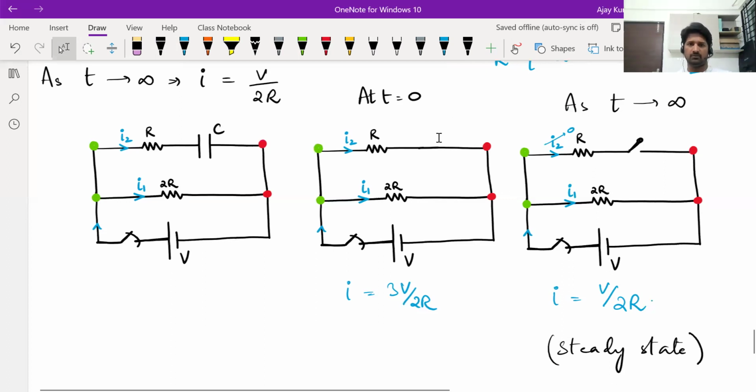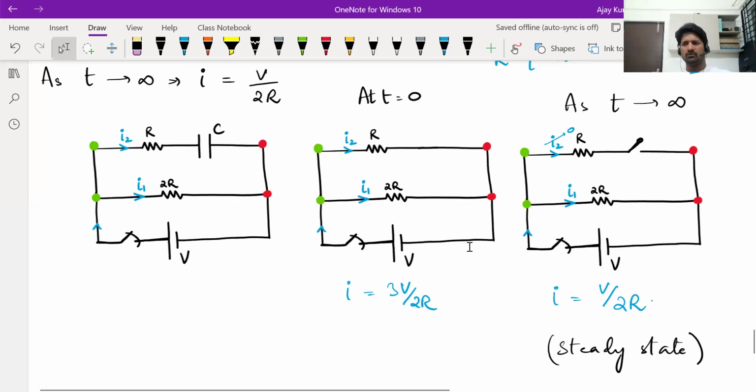That is what they are referring to. Sometimes they may also say a long time after the switch is closed, what is the current, what is the voltage, what is the charge on the capacitor? Long time means t tends to infinity. And as t tends to infinity, current stabilizes. You can call that steady state also. So long time and steady state refer to the same situation.